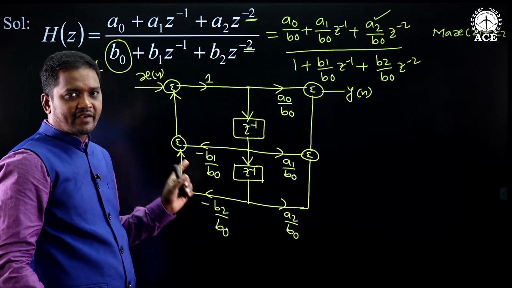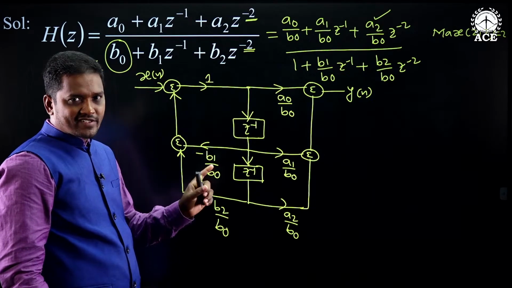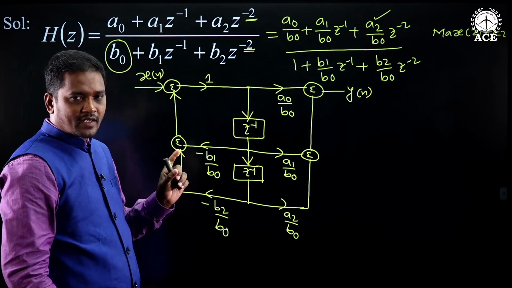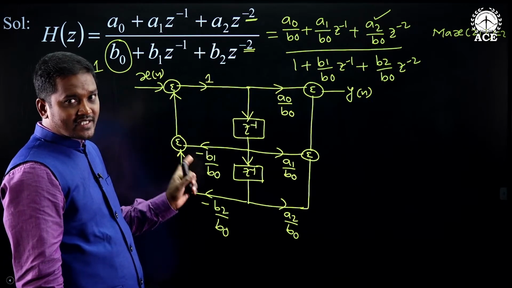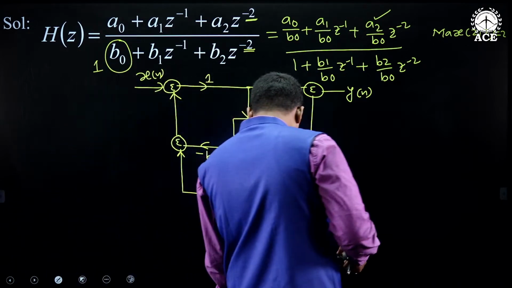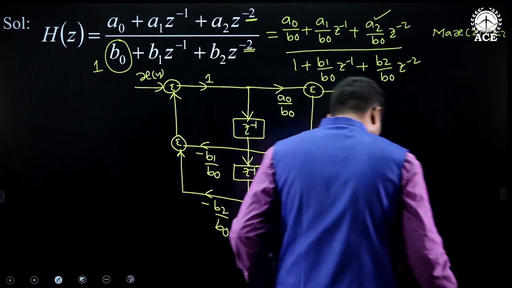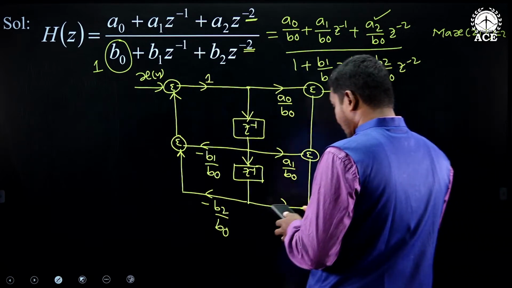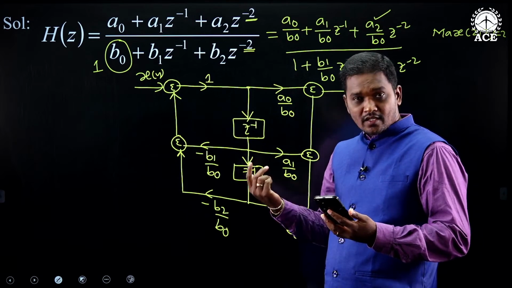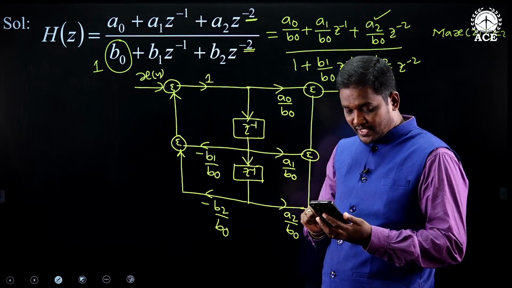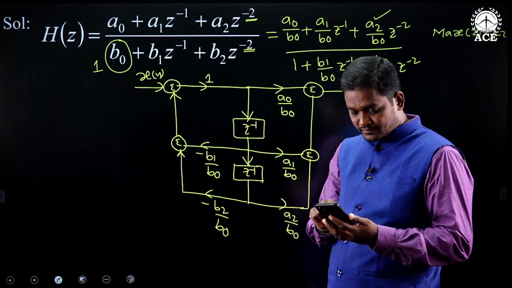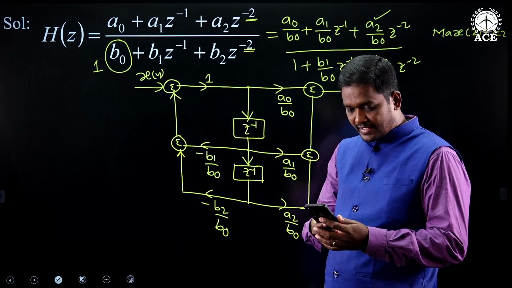This logic is very, very important for the next cascade form and parallel form. Please post your questions. If there is any doubt in this logic or you need one more explanation, please post your queries and I will clear them, because to understand the next two topics you need this direct form 2 logic.